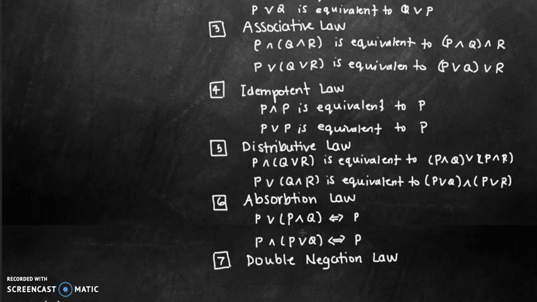But basically the idea is that if you have a P or P and Q, so say P is true, then because this is an or, this statement itself is always going to be true. So now say P is false.